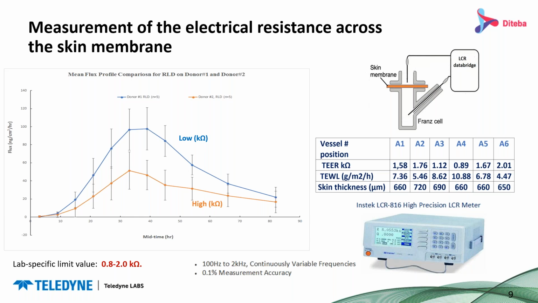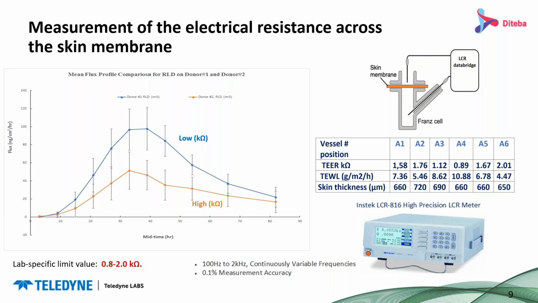Receptor and donor compartments are filled with physiological saline, 0.9% sodium chloride solution, or phosphate buffer. One electrode probe is in the receptor chamber below the saline level and another in the donor chamber above the skin, ensuring no contact with the membrane.